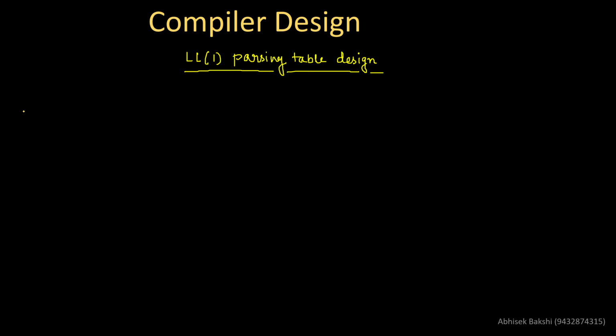We have a grammar like, say, E goes to T dash, then E dash goes to plus TE dash, or you can say epsilon or lambda.